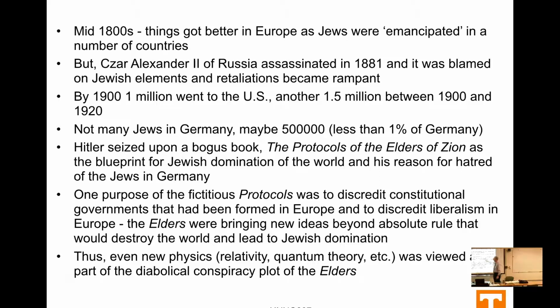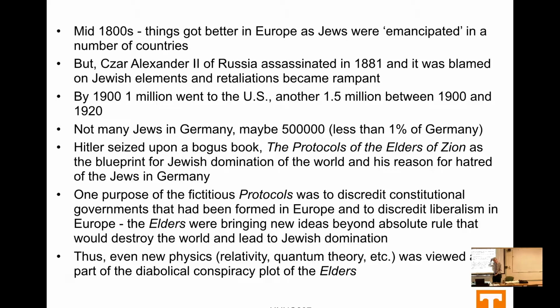One purpose of this bogus book was to discredit constitutional governments that had sprung up in Europe in the Age of Enlightenment, which all sounds very familiar with the real world. Russia moved to a more democratic system, then Putin came back in. We're back almost to the days of the Tsar.